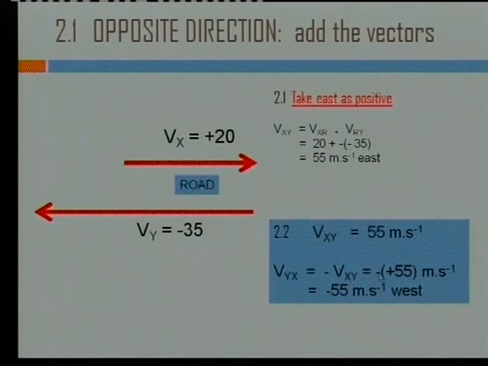This is now a negative direction, and therefore if I multiply that out, it becomes minus 55. It is no longer east, it's now the opposite direction. It is therefore the westerly direction. Ensure that you understand, one, the subscripts, two, the change in direction if we switch the subscripts around, and thirdly, when do we add and when do we subtract.